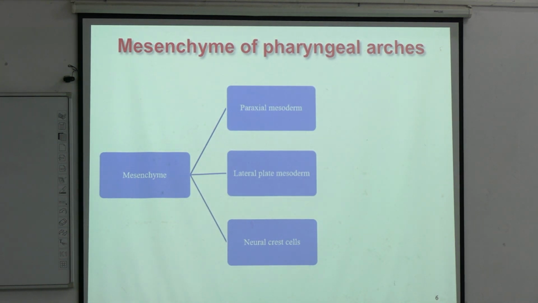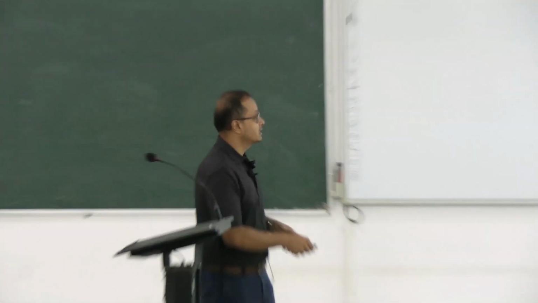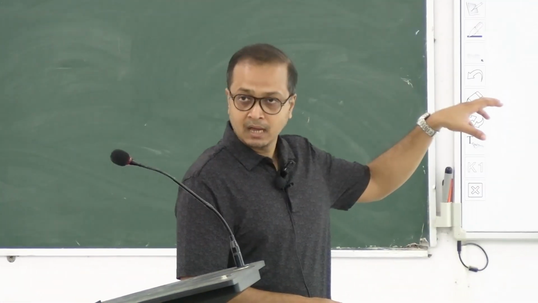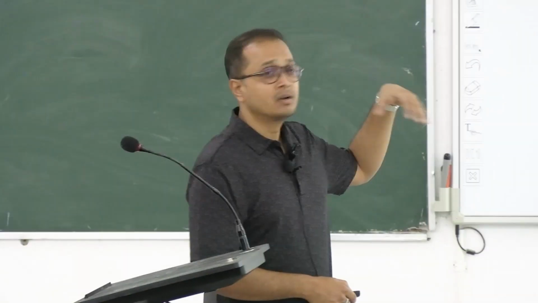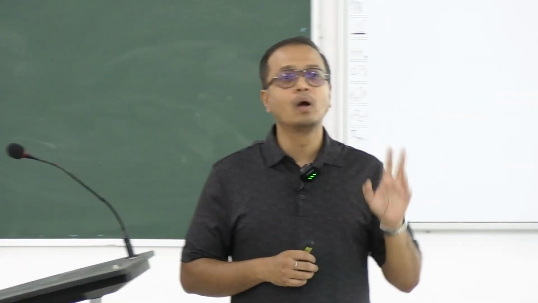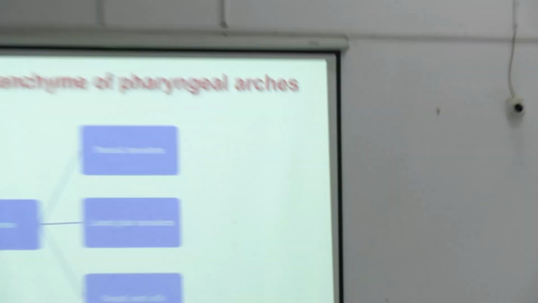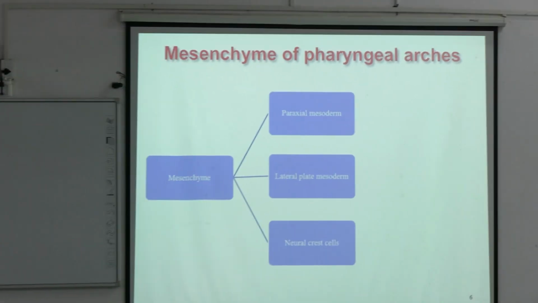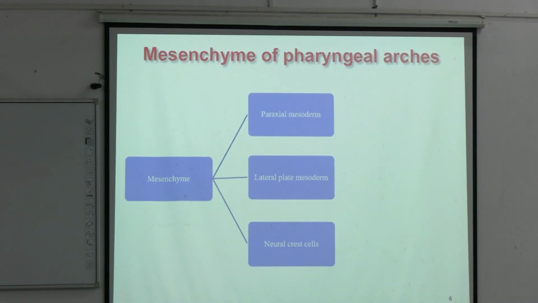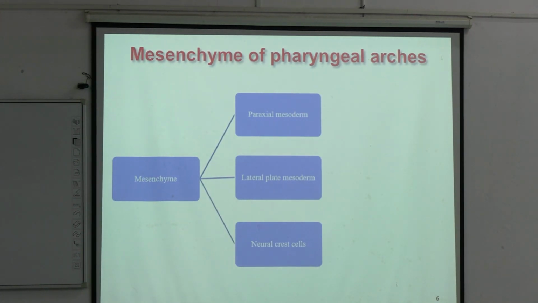What additional thing we have here, which we will find nowhere else, is that neural crest cells get into the mesenchymal arches and transform into the components. Now this particular mesoderm transforms into two elements, the skeletal element and the muscle element. That means the muscles in this region, and the skeletal element, that means the bones and cartilages that we have in our face, neck region, as well as head region, are coming from this area.